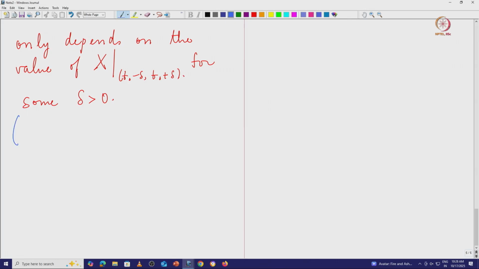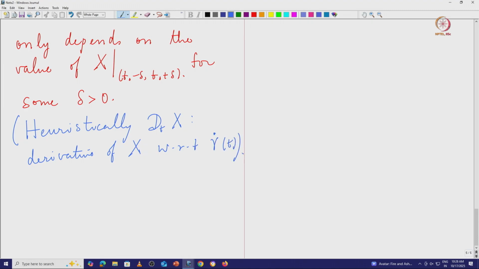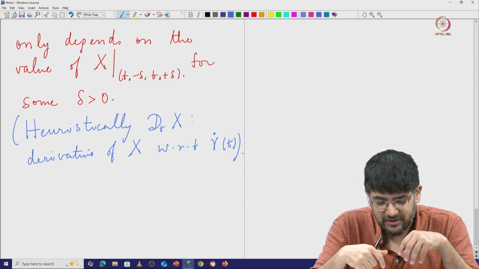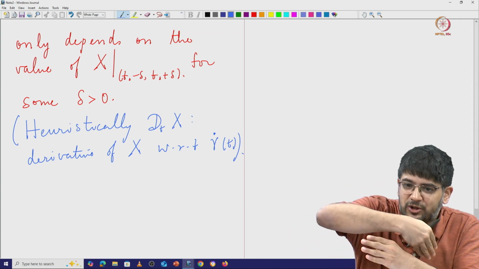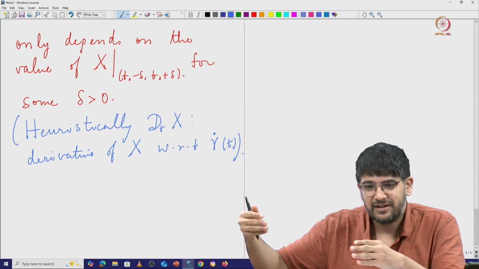Right. So, I mean, heuristically, you should think of this as the derivative of x with respect to the velocity vector. Okay. So the reason why this is well defined, and I'll write down the rigorous proof, but the reason why this is well defined is because we have already seen by this refined locality that the values of these covariant derivatives only depend on the behavior of x along this curve gamma, right.